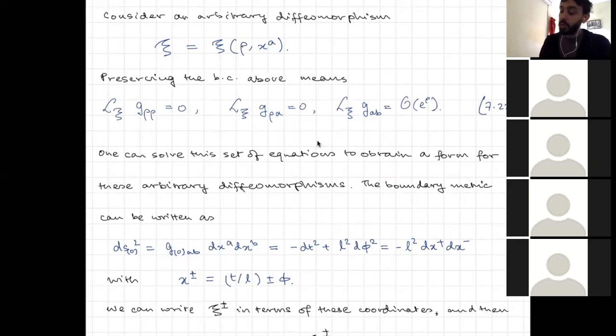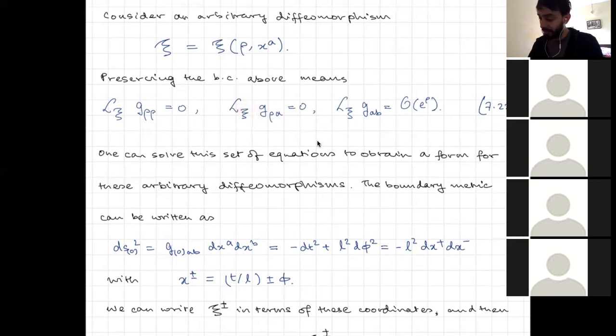Okay, so that would mean something like equation 7.22, and these are going to give you some equations which you need to solve to then find out what the Lie derivative of ξ is.